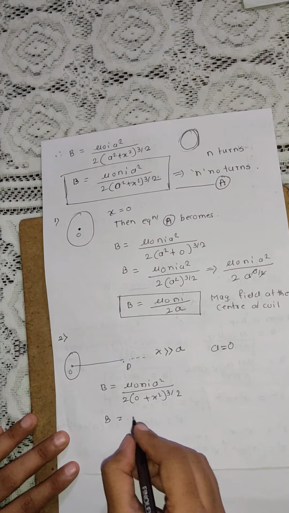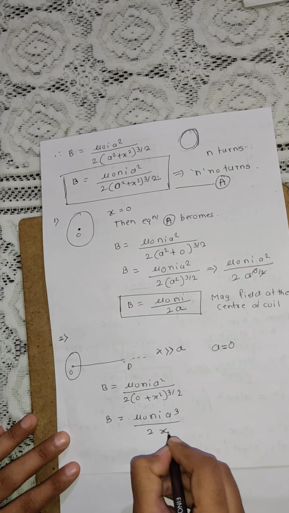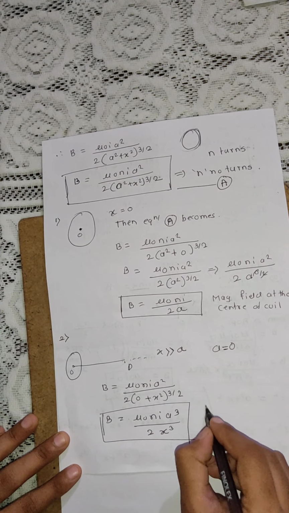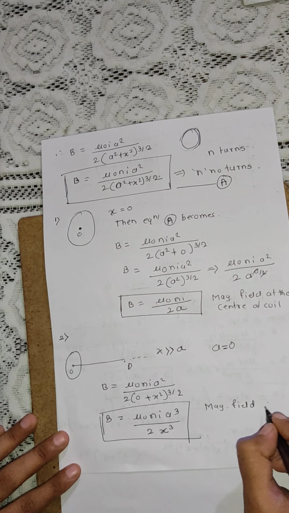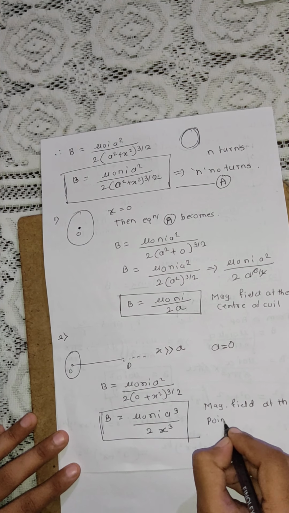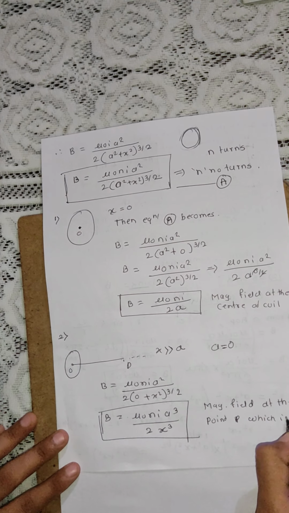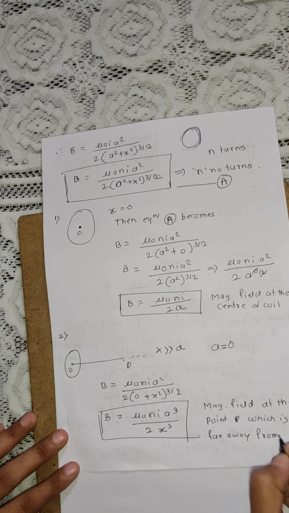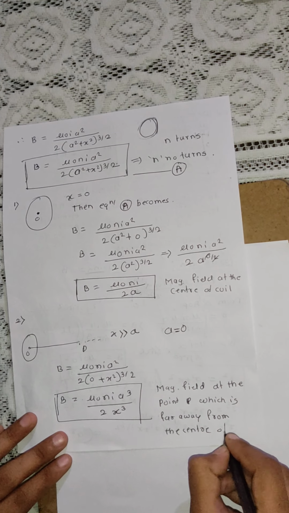If you solve this equation, we get mu naught n I a square upon 2 x cube. This is the magnetic field at the point P, which is far away from the center of the coil.